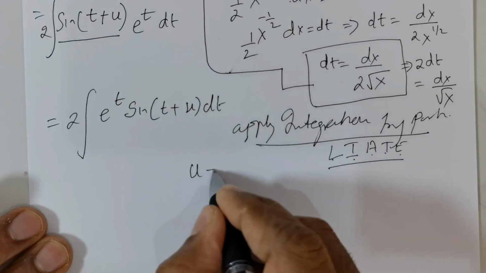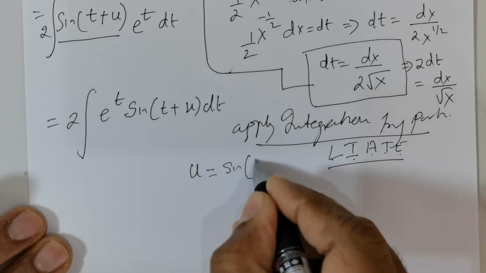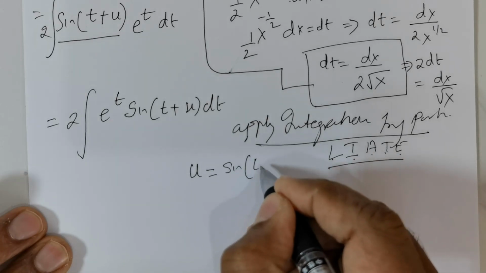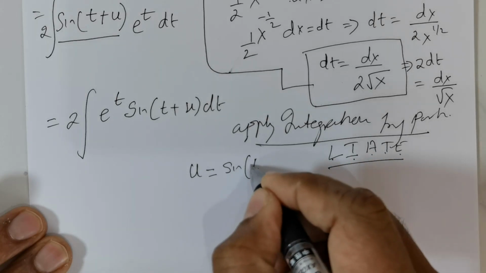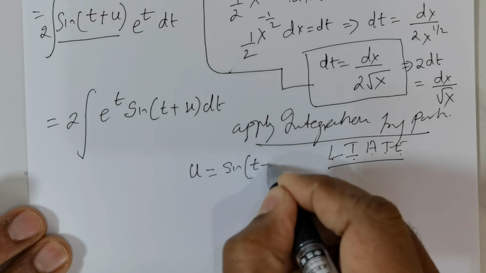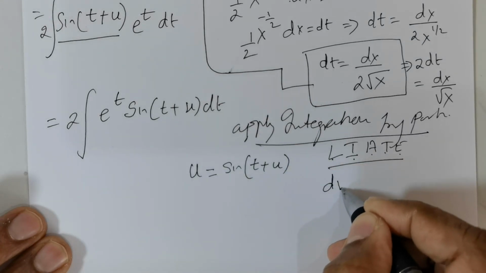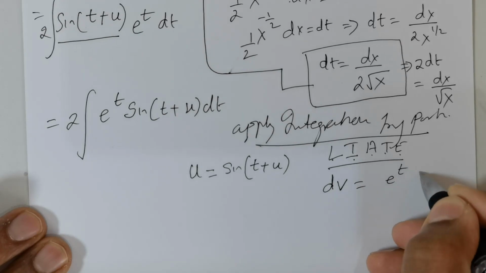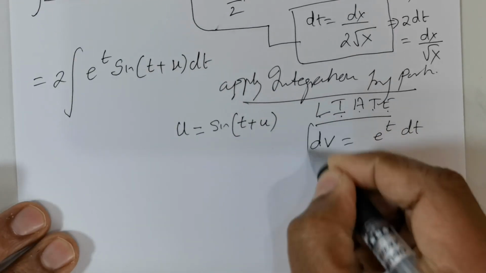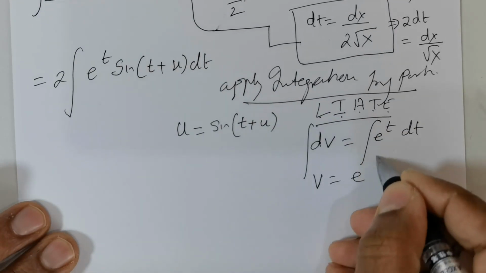So u is going to be sine of t plus u, because trigonometry comes before exponentials, right? And my dv is e raised to the power of t times dt. So you integrate this, you get v is equal to e raised to the power of t.